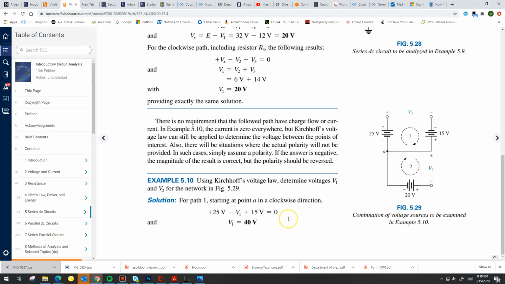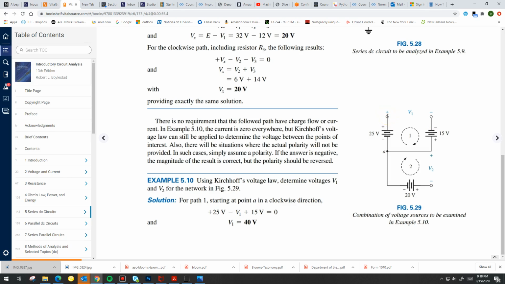So if we start with path 1 here, if we go clockwise and start at A, you have a gain of 25. You'll have a drop of V1. This is assuming you put a meter here; the meter will be measuring that voltage.